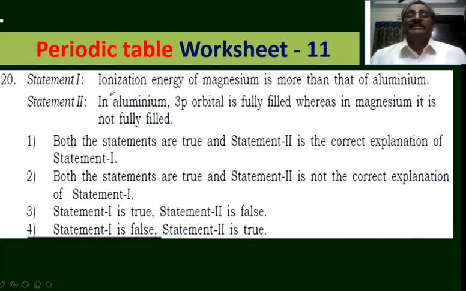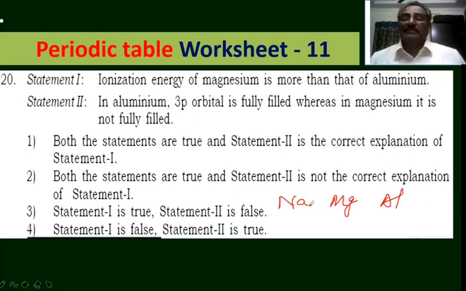First statement is ionization energy of magnesium is more than that of aluminium. Sodium, magnesium, aluminium is the order. When we move from left to right in a period, ionization energy increases. So aluminium should possess more ionization energy than magnesium. But in this case, in magnesium, the differentiating electron is in the s orbital, and in aluminium, the differentiating electron is in the p orbital.